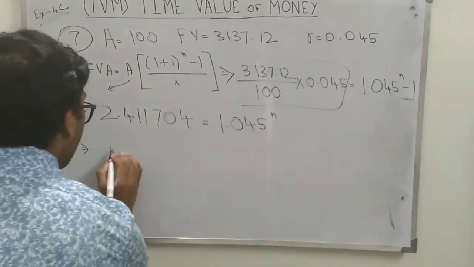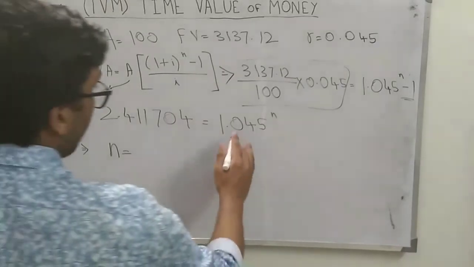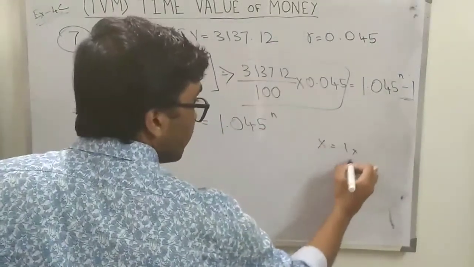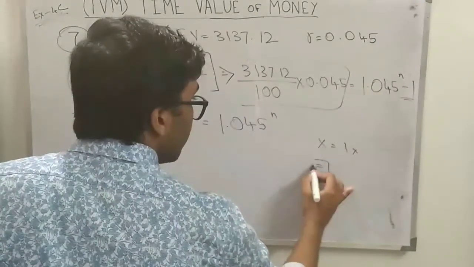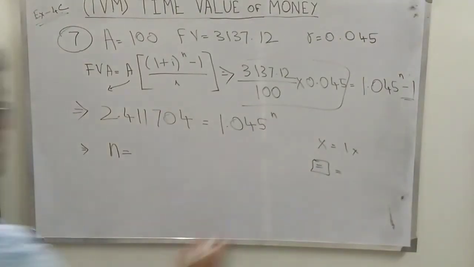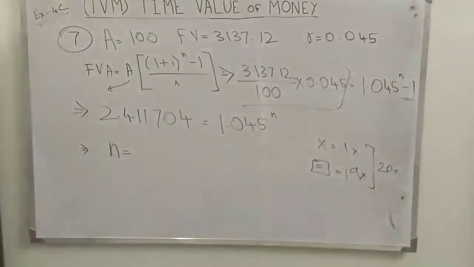Then the value of n will be: now if you press 1.045, press the multiply button once and keep pressing equal to another 19 times, that means a total of 20 times.